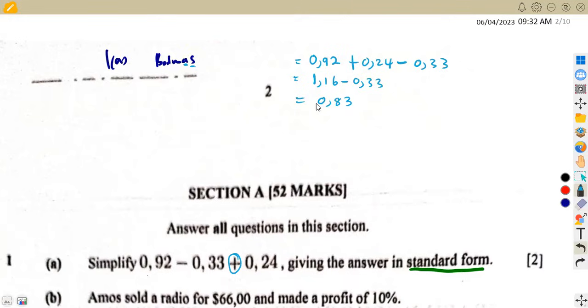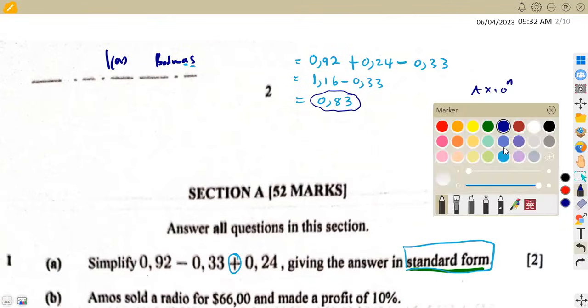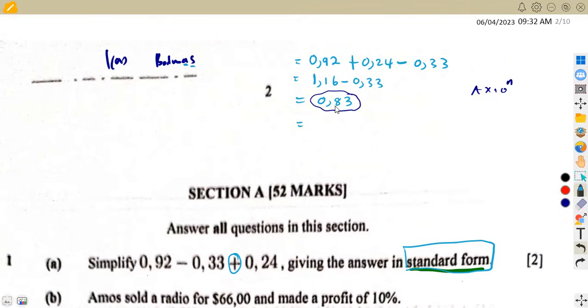But here we are asked that our answer is supposed to be in standard form. So what you're going to do is to convert now this decimal that you have to a standard form of a times 10 to the power of n. So meaning to say here, our answer is going to be, just move 1 comma so that it will be 8.3 times 10 to the exponent of -1.